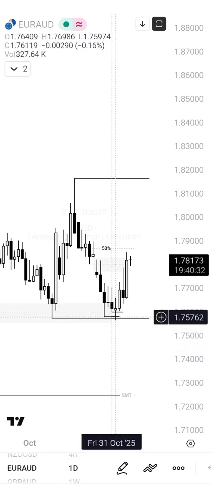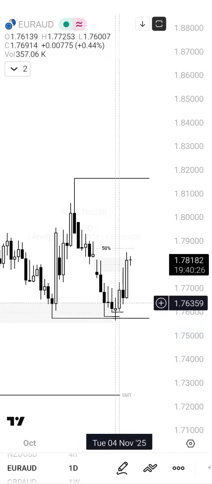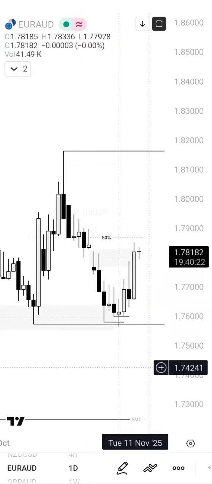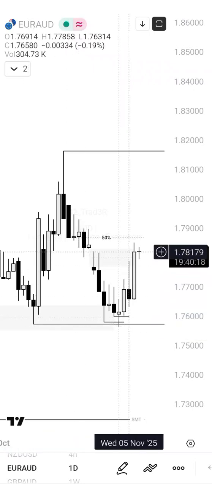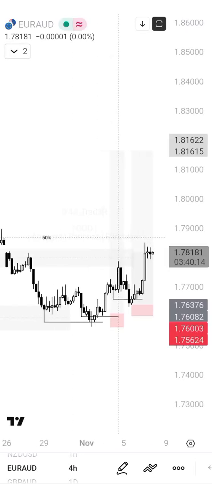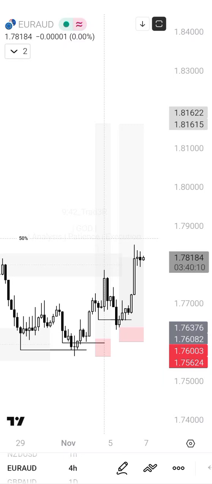And if a level is tested twice before and it's coming back to the level again for the third time, that move is always very strong. So now they came back, they took the liquidities into the fair value gap on the daily and they expanded. That is how this trade idea was initiated.